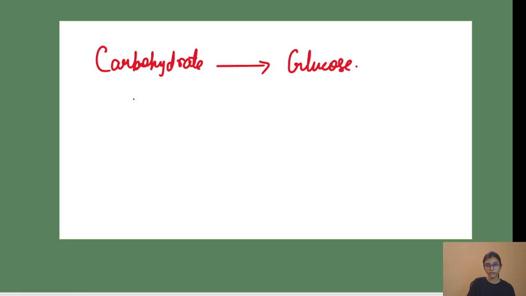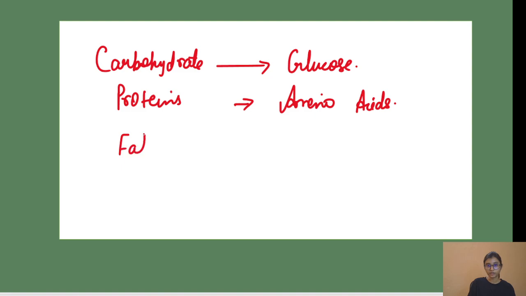Then if we say proteins, they are going to be converted into simpler substances called amino acids. If we are taking fat, then small fat globules are going to be formed in your digestive system.